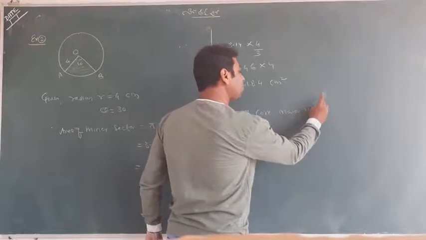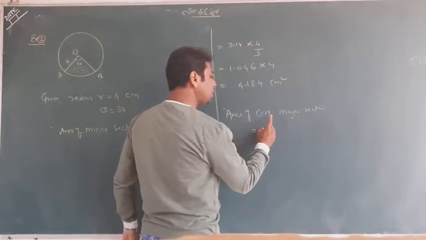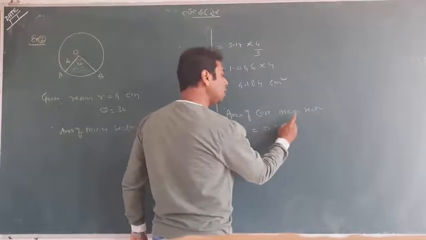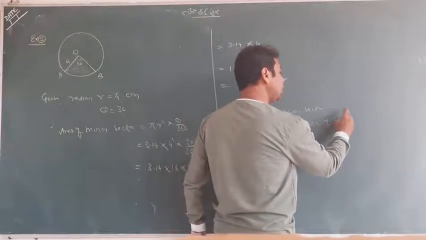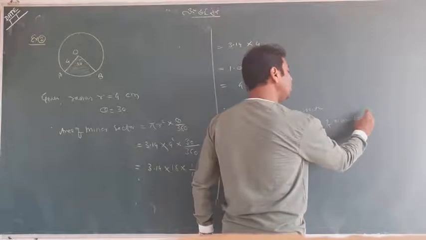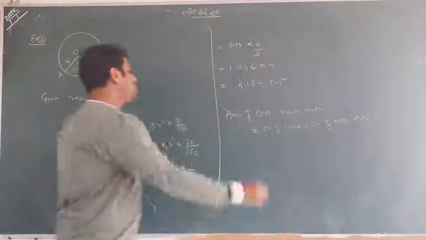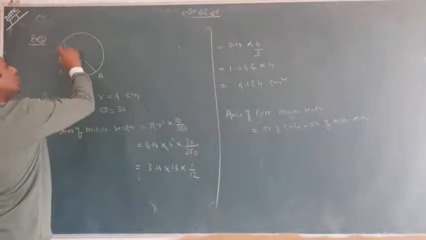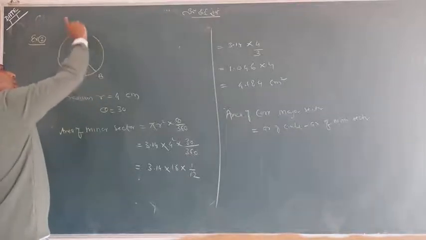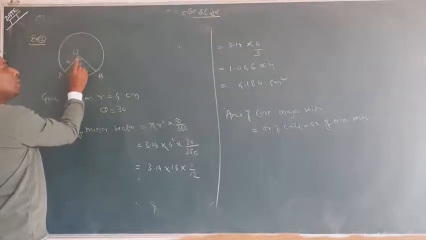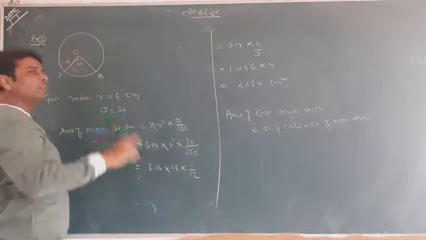I tell you how we can find it out. This is the area of the whole circle minus the area of the minor sector. It is only an understanding thing. Try to understand. We want to find the remaining area. So the whole area of the circle minus the area of this small sector region is equal to the area of the major sector.